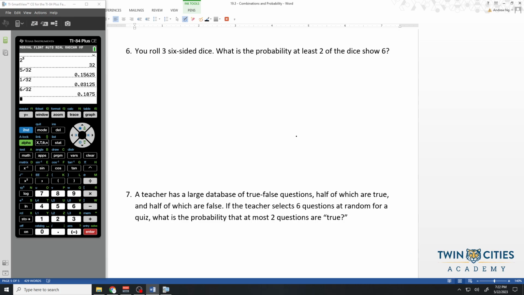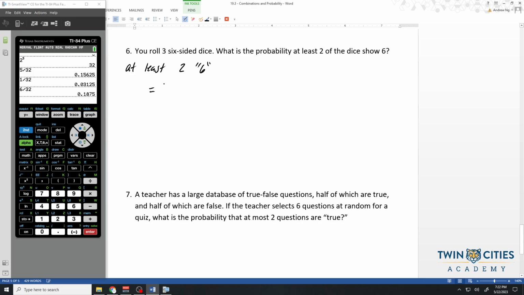So the first part is going to be how many ways can I select 2 out of the 3 dice here and have those be 6? At least that. So that's the first part. Let's find that. At least 2 6s.